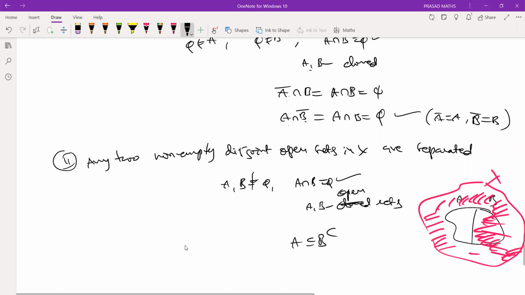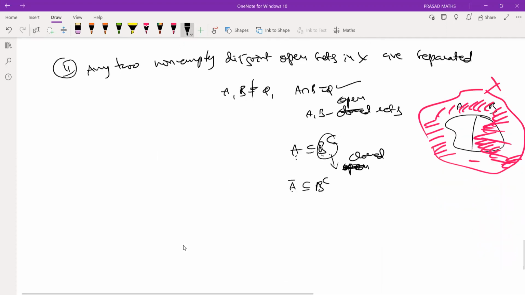So what is B? B is an open set, so B complement is a closed set. B complement is a closed set containing A. I already told you A closure is the smallest closed superset of A. Therefore, A closure is contained in B complement.